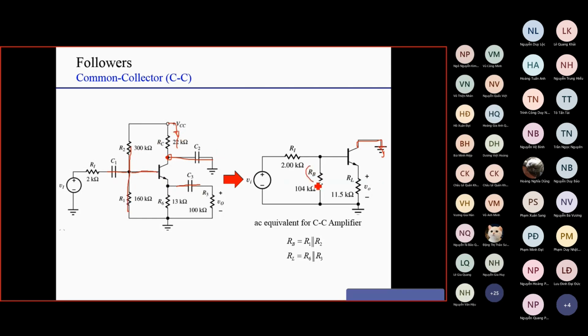So we can combine them to RB and connect it to the input signal here, right? And the emitter is connected through R6 to the ground, and R3 to the ground. So R6 and R3 are in parallel, and we combine this as RL. Okay, so RL is R6 and R3 in parallel.